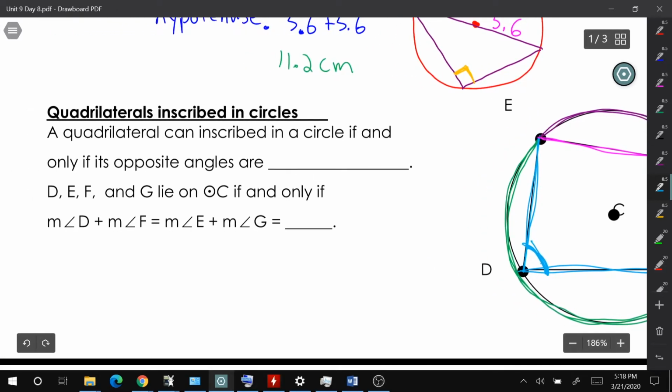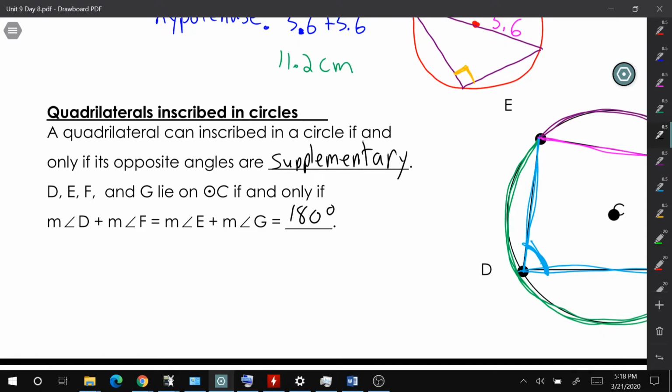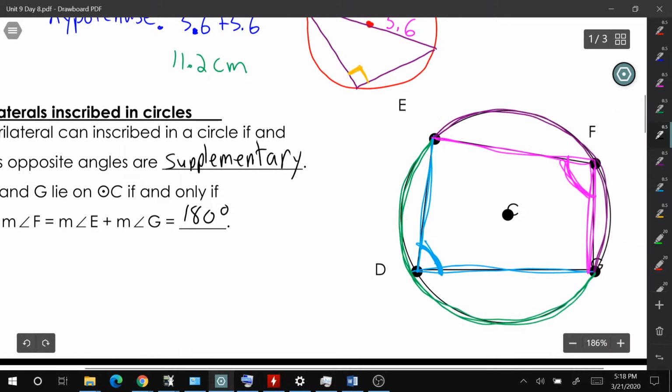So those angles add up to 180, and we know that as supplementary. And it has to be true for both sets of opposite angles.